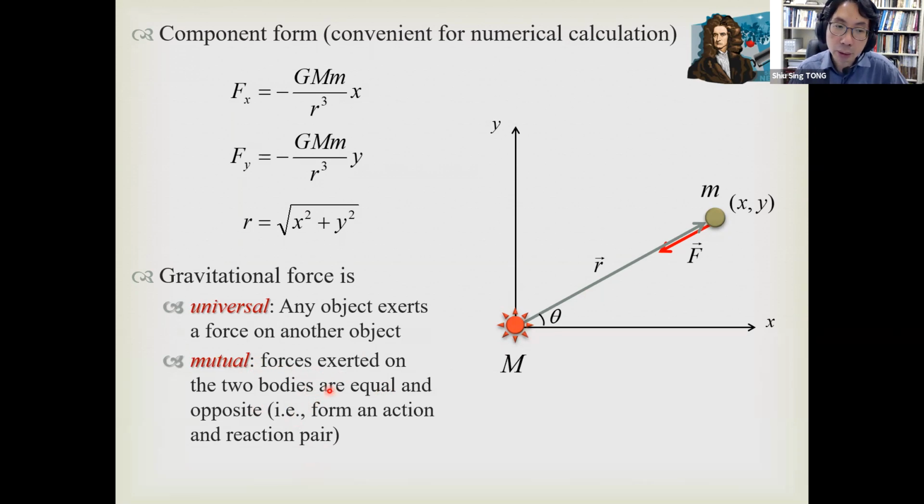The forces exerted on the two bodies in a pair of gravitational interaction are equal and opposite. So they form an action-reaction pair. If the Earth attracts the moon with a certain gravitational force, then at the same time the moon also attracts the Earth with the same but opposite gravitational force. So the two forces form an action and reaction pair by Newton's third law.